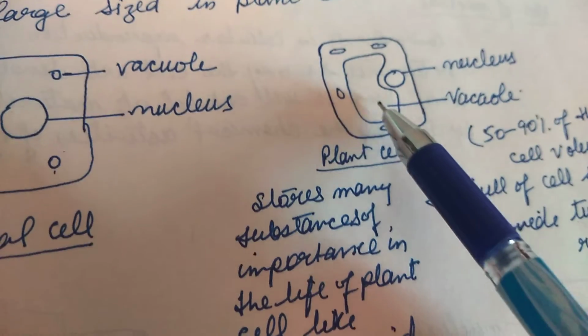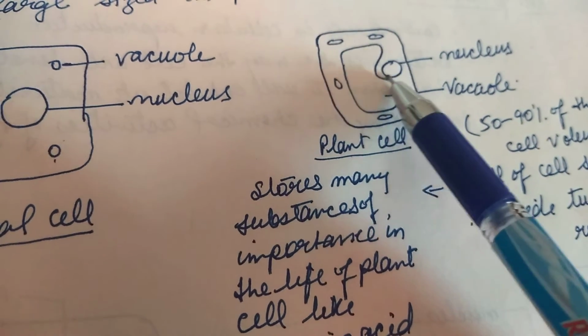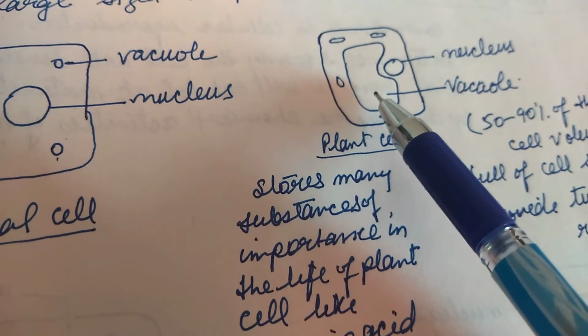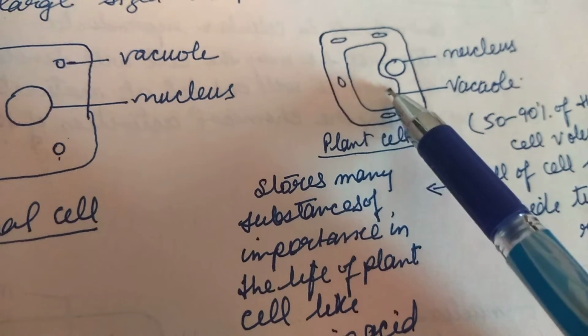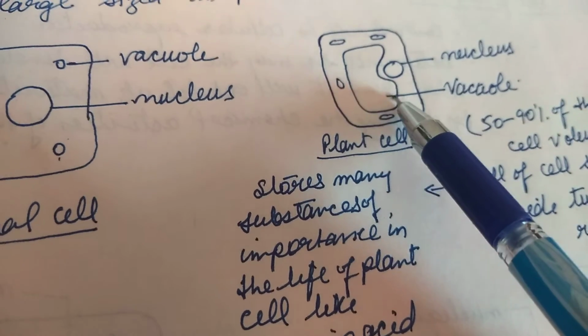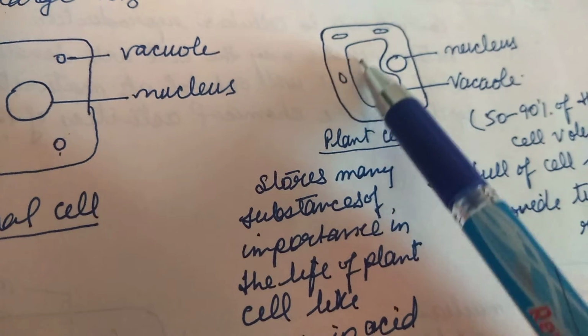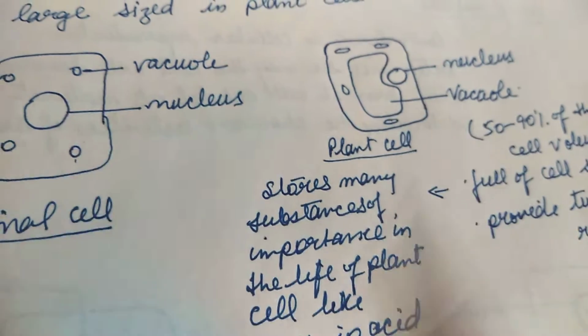And it occupies 50 to 90% of the cell volume, so it gives rigidity and turgidity to the cell. If we remove this from the cell, then the cell becomes flaccid. So this vacuole provides turgidity to the plant cell.